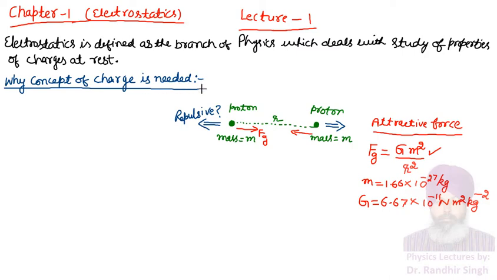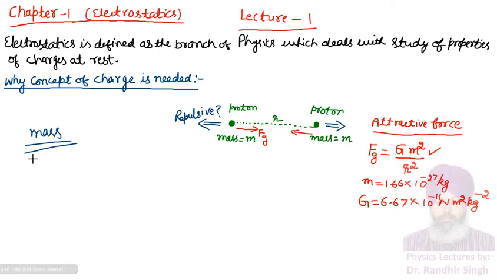This property of the matter we will name as charge. The initial property of the matter, we know that it is mass. Mass is the fundamental property of every material particle, and we also know its definition. It is defined as the quantity of matter contained in a body.